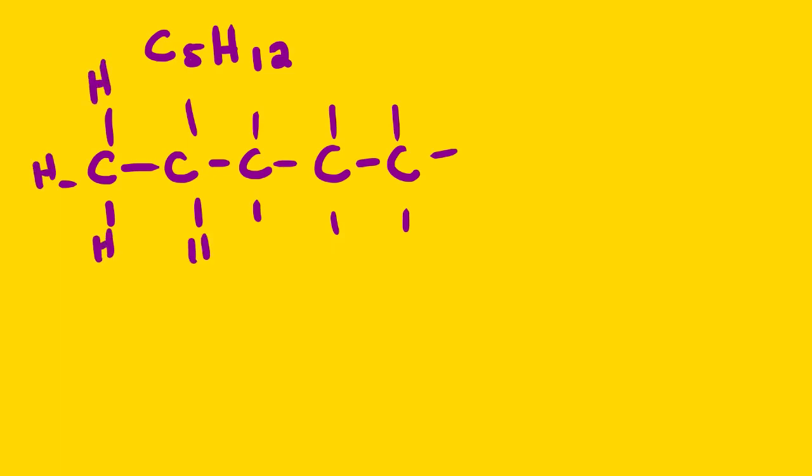Our last one, C5H12. So we're going to have 5 carbons. Then they'll have sigma bonds, because looking at the sum of these hydrogens, they should give us 12. So we have 3, we have 5, we have 7, we have 9, we have 12.